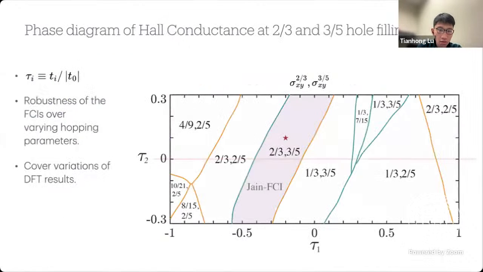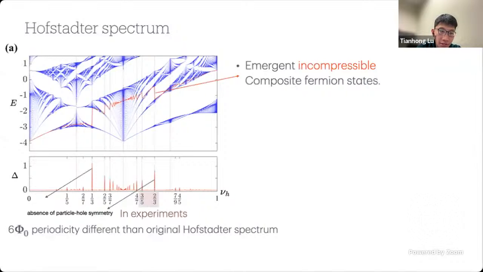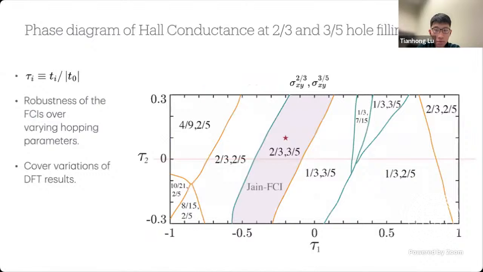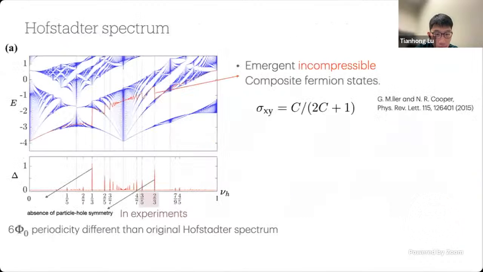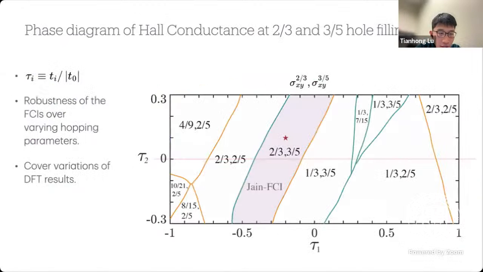This spectrum is at specific hopping lattice parameters T0, T1, T2. And we'd like to know how robust the FCI is against variations of those lattice parameters. Here I'm plotting a joint phase diagram for Hall conductance at 2/3 and 3/5 hole filling.